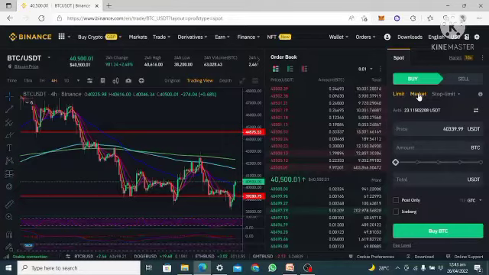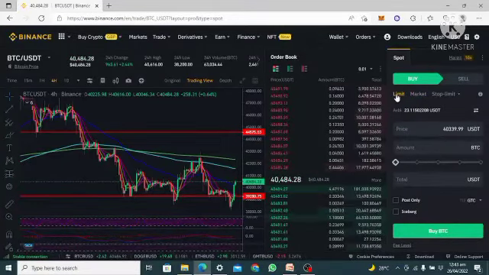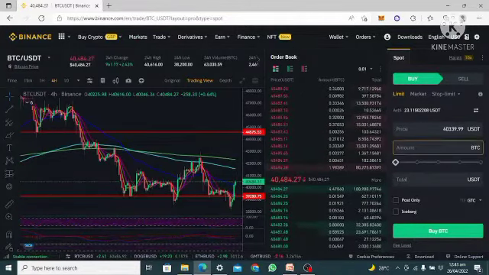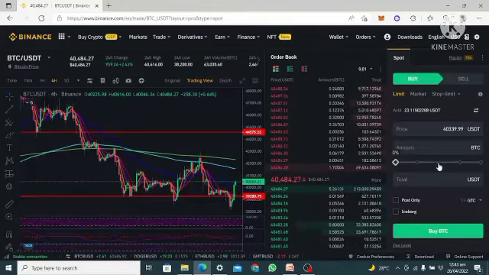Right. So in this particular place, the next thing you also need to know is the percentage. Now, for example, I want to buy BTC. This is a limit order.